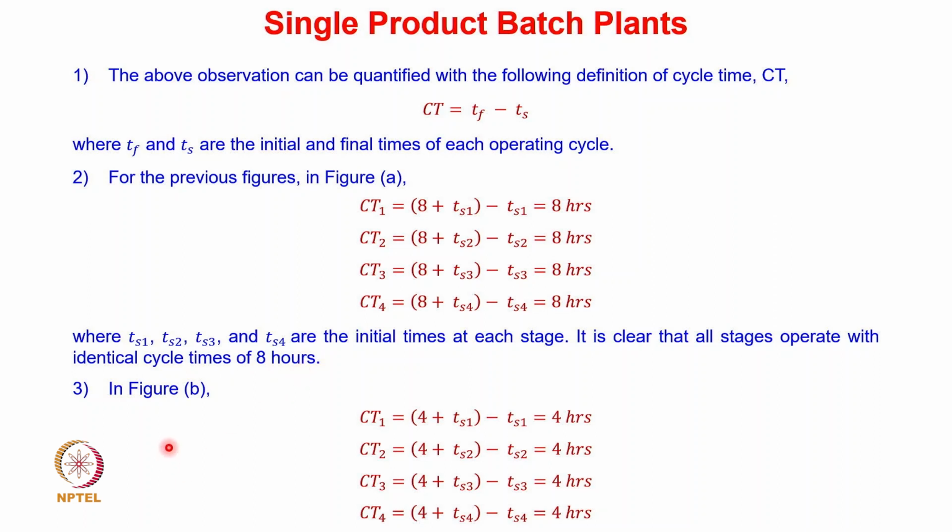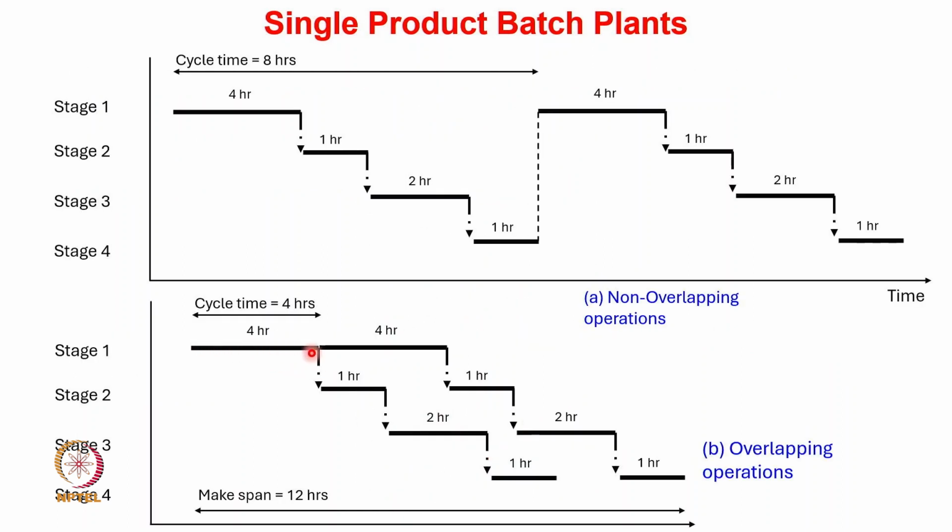Okay, but when we are taking figure B, in figure B you can see that the cycle time for the first unit is 4 plus ts1 minus ts1. You can see that here. So 4, and the final, you can see that after this only the second batch is starting.